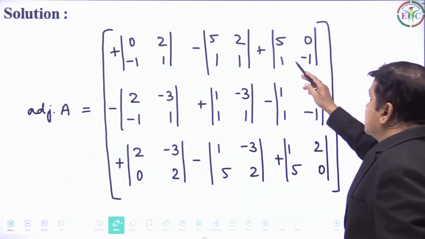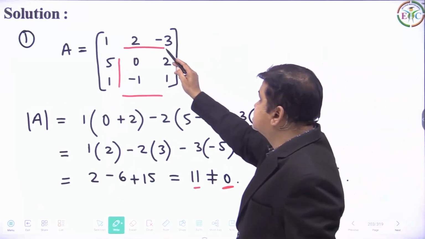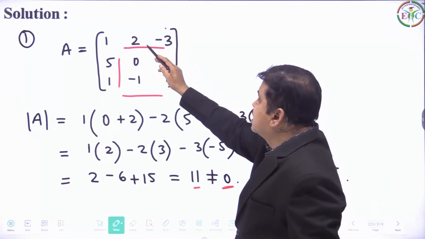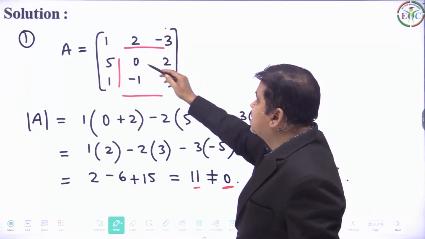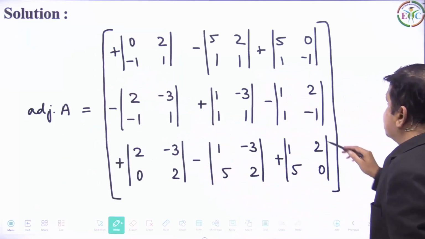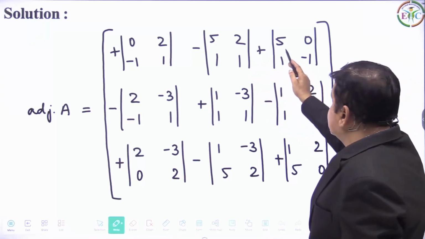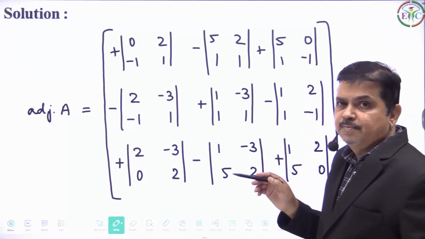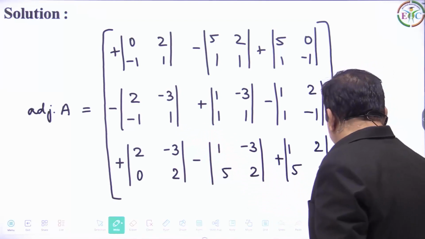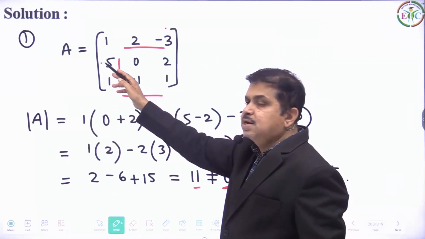Coming to the cofactor A13, this is the element A13. Leaving out the corresponding row and column elements, we are left with 5, 0 and 1, minus 1. So you can write the elements of the determinant as 5, 0 and 1 and minus 1. Next, coming to the cofactor of A21, this position is A21.